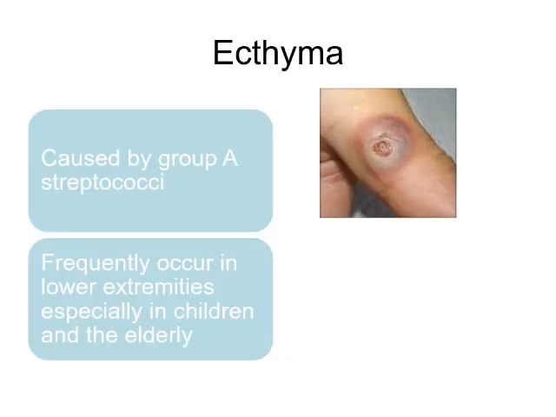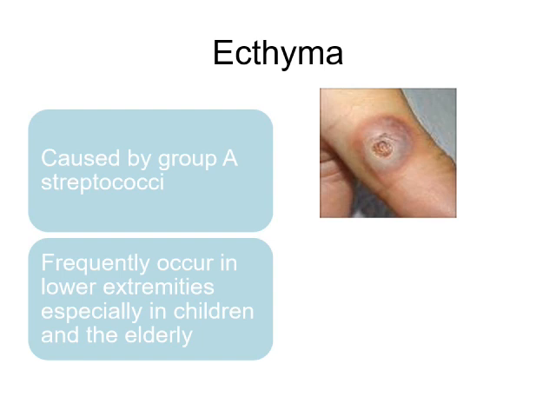Ecthyma is another infection which is caused by group A streptococci. The lesion of ecthyma begins similar to the lesion of impetigo. However, the only difference is that the lesion of ecthyma penetrates deep into the dermis. It frequently occurs in the lower extremities, in children and the elderly.